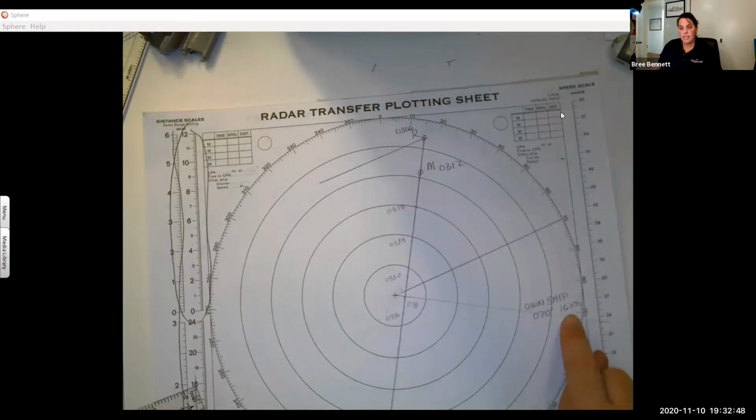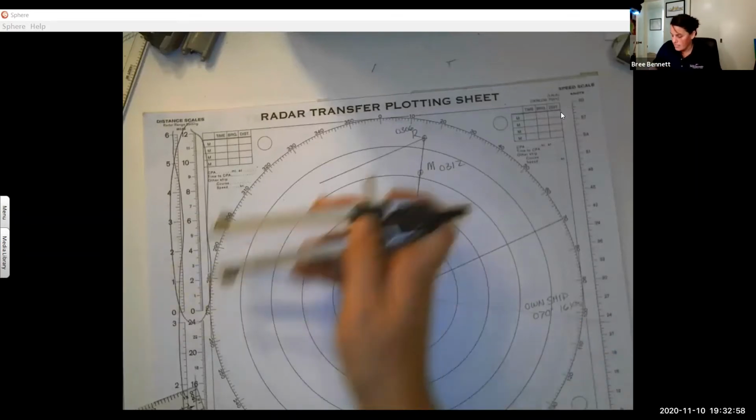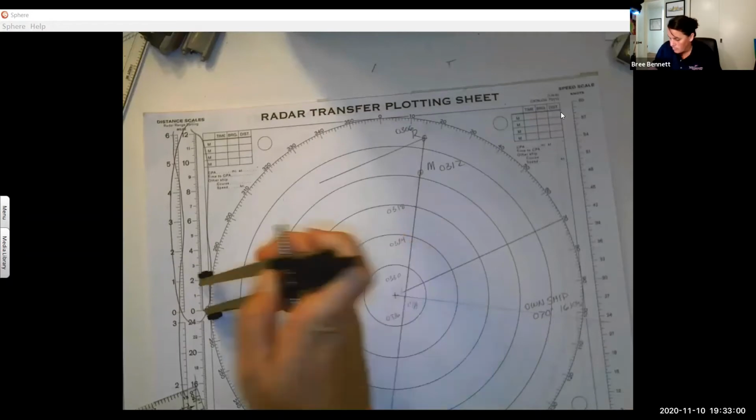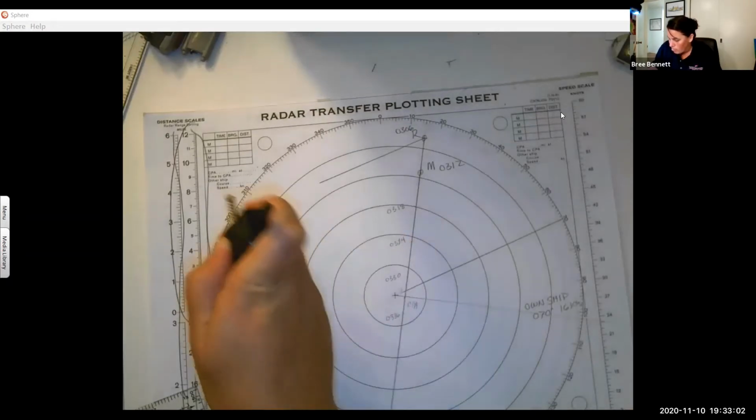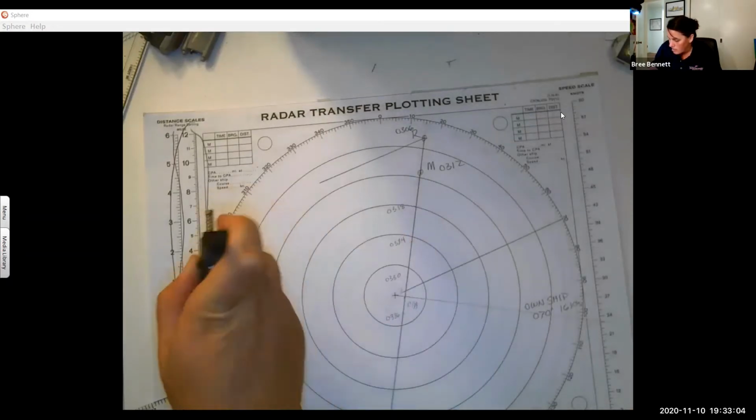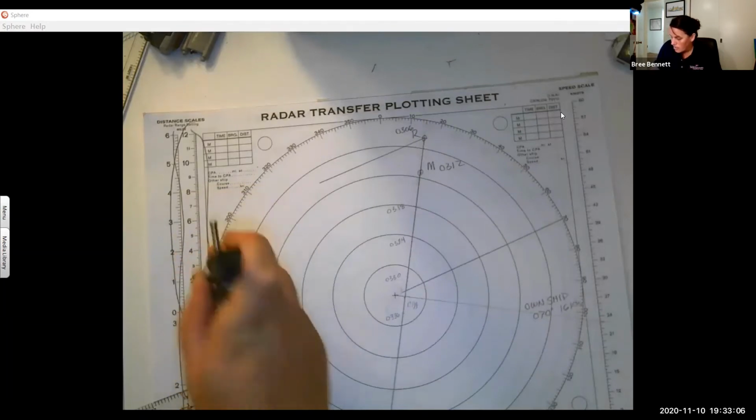So my speed was 16 knots. In 6 minutes, how far will I have traveled? We just move the decimal place over 1, so 1.6. So I have 1.6 right there.